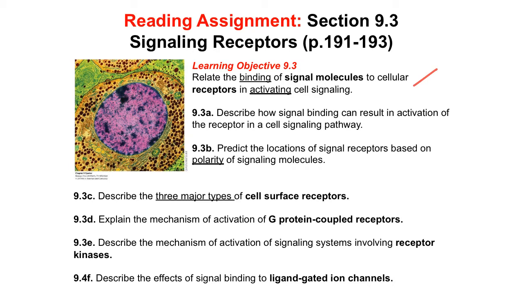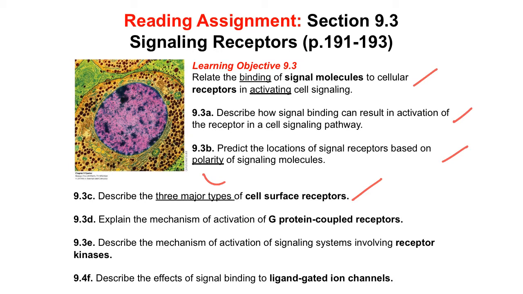First is to describe how signal binding can result in activation of the receptor in a cell signaling pathway, and then be able to predict the locations of signal receptors based on polarity or hydrophobicity of the signaling molecules. The third would be to describe the three major types of cell surface receptors. And there's three types: the G protein coupled receptors, the receptor kinases, and ligand-gated ion channels.